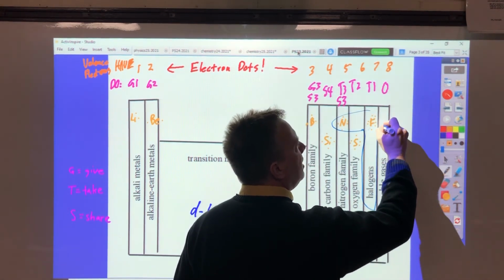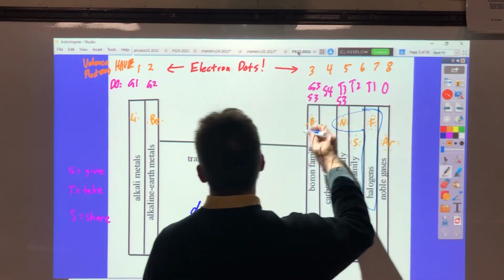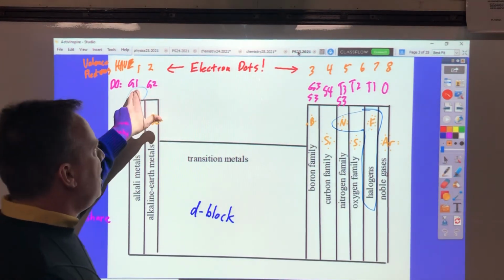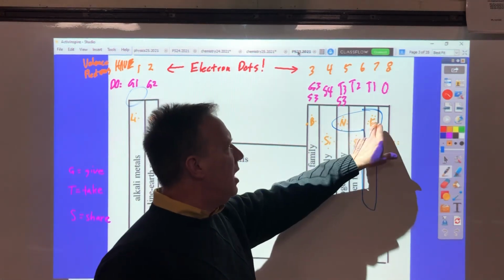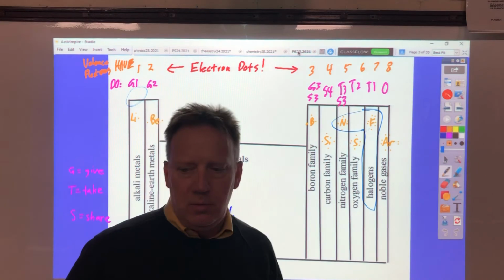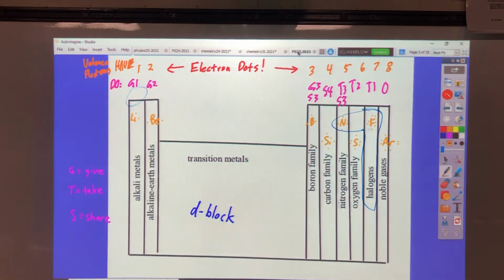Here's where your diatomics are, and hydrogen up here: H2, N2, O2, F2, Cl2, I2, Br2. That's where your diatomics are.